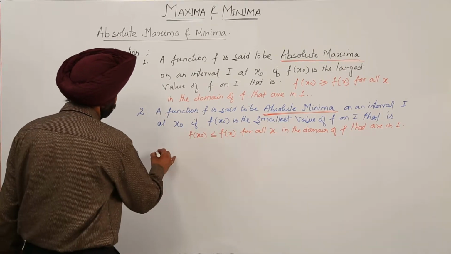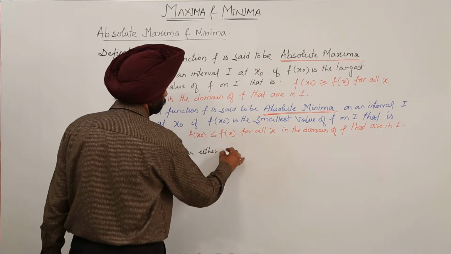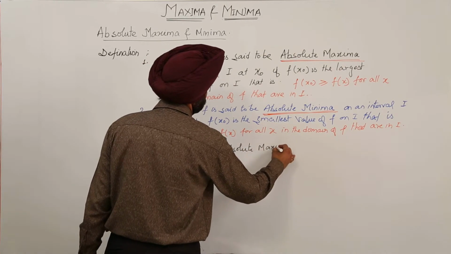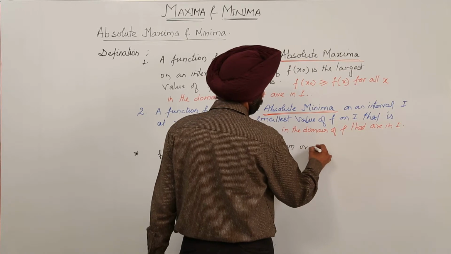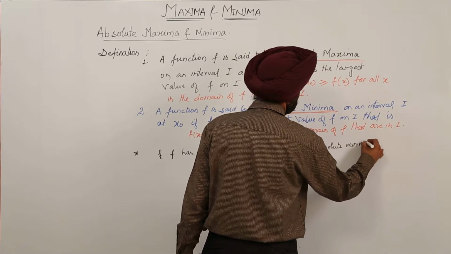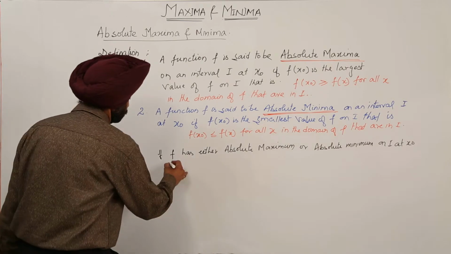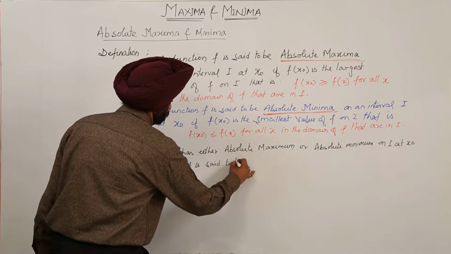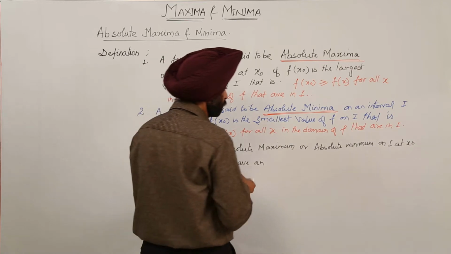if f has either an absolute maximum or absolute minimum on I at x0, then f is said to have an, now what is the term called?